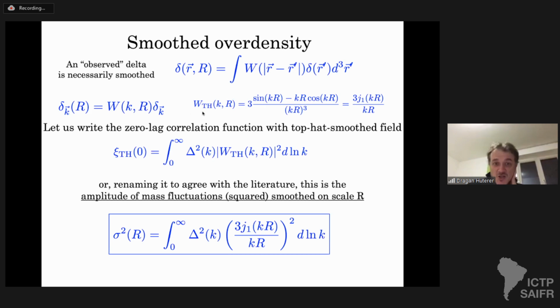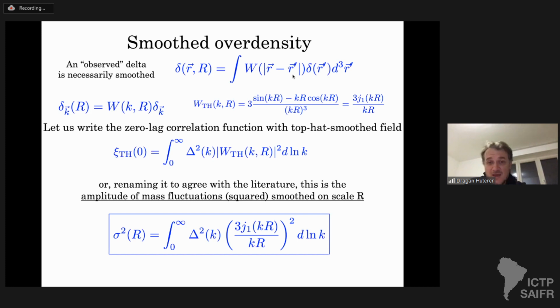That sharp function in Fourier space does what? It oscillates like crazy. This combination in the numerator is just a spherical Bessel function of the first kind. It oscillates like crazy when kr is much bigger than 1. So integrating this is a pain, and we're going to do that today in our numerical exercise.